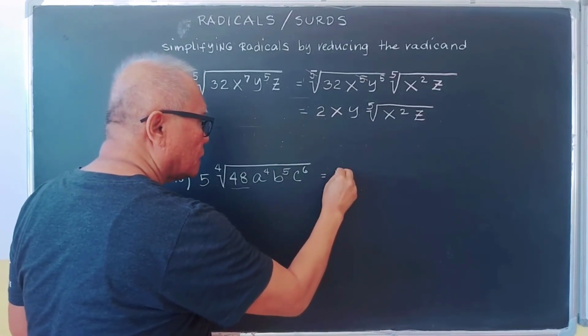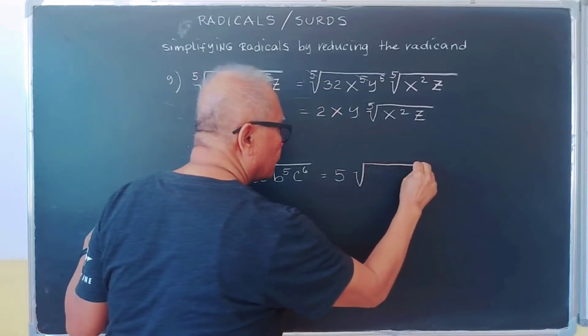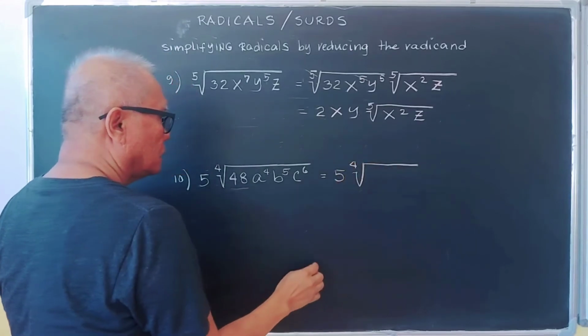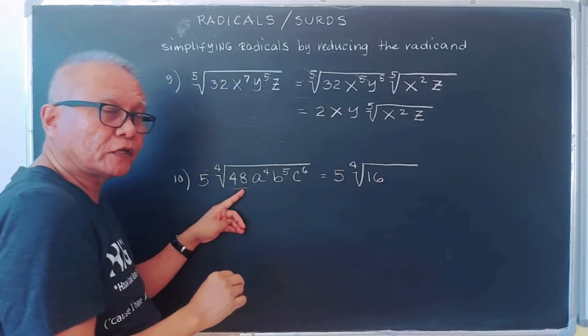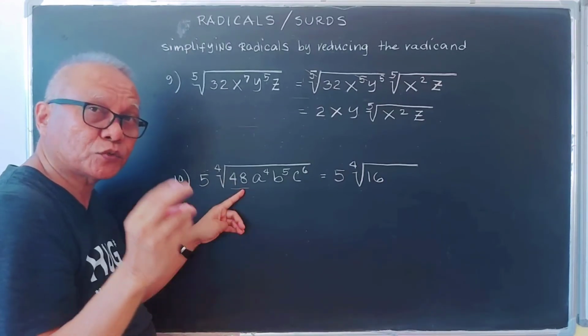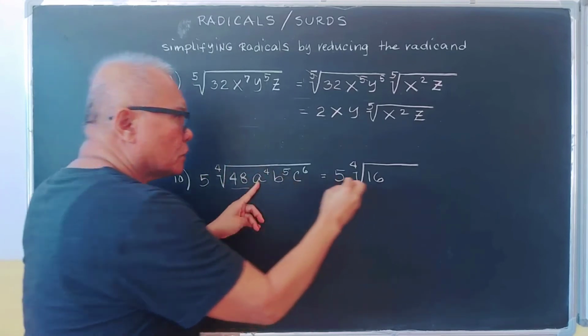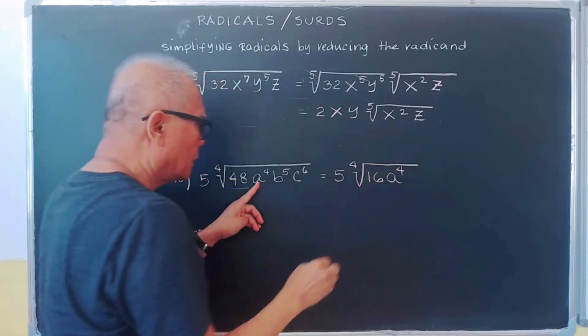Don't forget the 5 here. And here for the perfect 4th root here. And then we write the 16 here, because 4th root of 16 is 2. This one is exactly 4 and 4. So we write the 8 to the 4th here for 4.